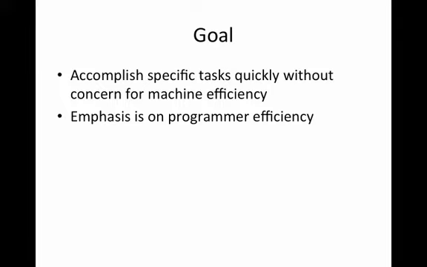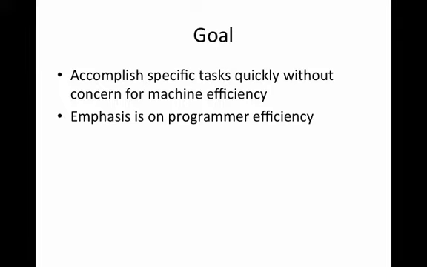Also, scripting languages generally are not meant to be general purpose, although a few, like Python, have been designed that way. Typically, scripting languages aim to fill a specific niche. For example, Perl was designed as a data extraction and report generation language. PHP was designed as a server-side scripting language for serving websites.